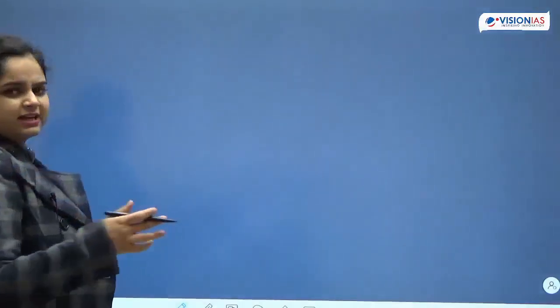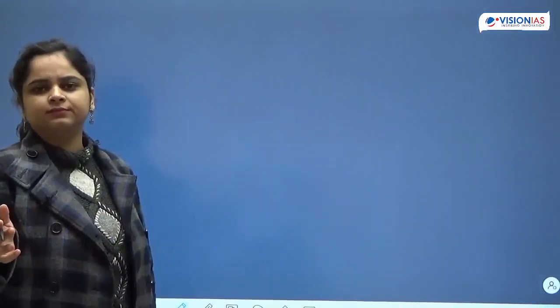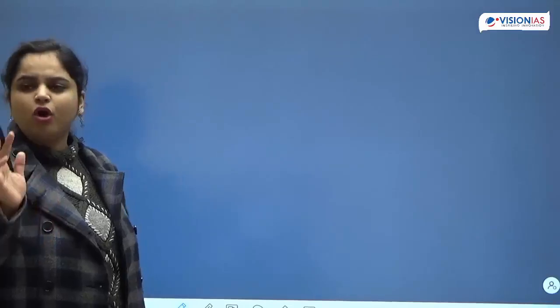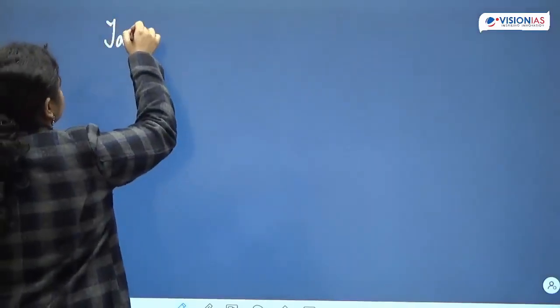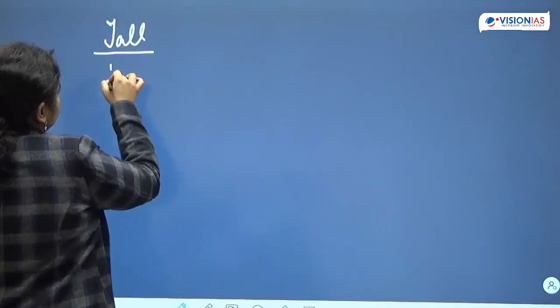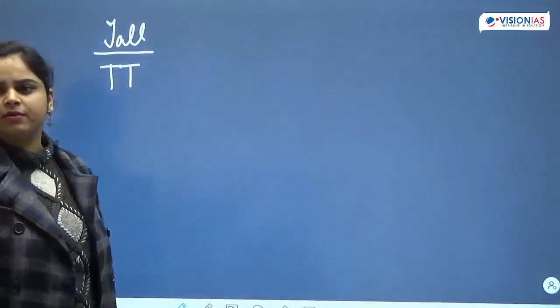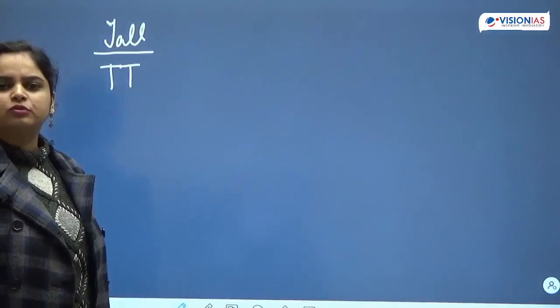We'll take the example of this tall and dwarf plant. We'll take the example of height. So tall plant ko we are calling capital T and capital T. I hope you remember homologous pair of chromosomes.